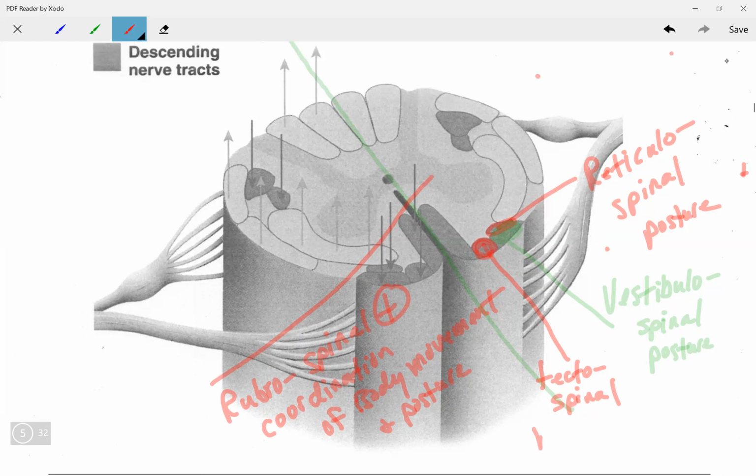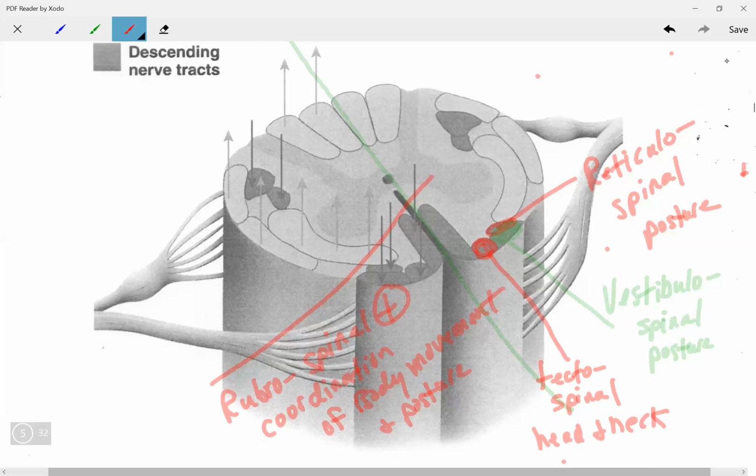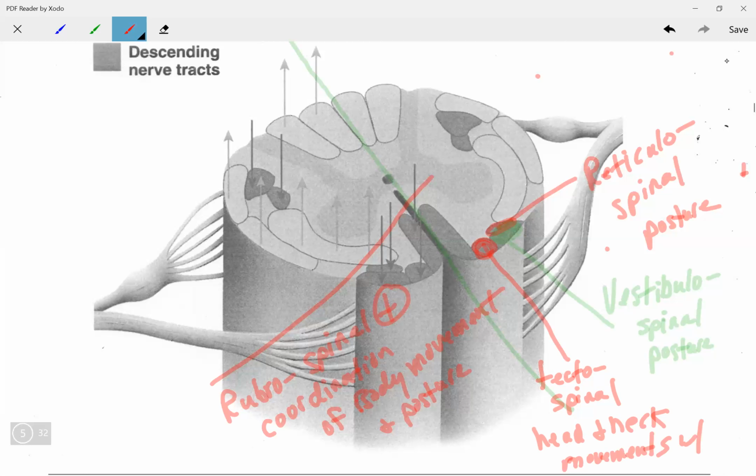Okay, so head and neck movements with vision. In other words, vision is involved to help the tectospinal tract do its thing with head and neck movements.